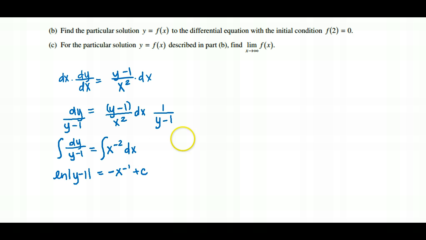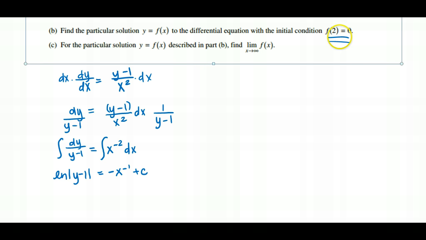Now let's solve for c using our initial condition up here, f of 2 equals 0. So when I substitute 2 in for x, I get out a y value of 0. So solving for my initial condition, I have natural log of the absolute value of 0 minus 1 equals negative 1 over 2 plus c.